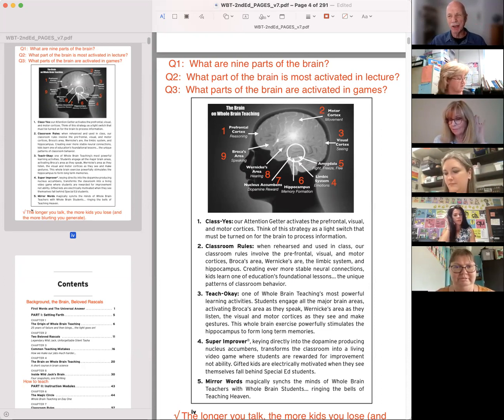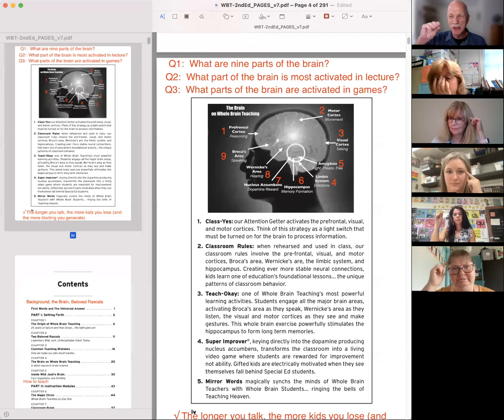The 9th part is Broca's area, and it's right here. Wernicke's area is a little in front, Broca's a little behind, and it processes speaking. Show me Wernicke. It's right here. Understanding language. And Broca, a little bit above it, speech.